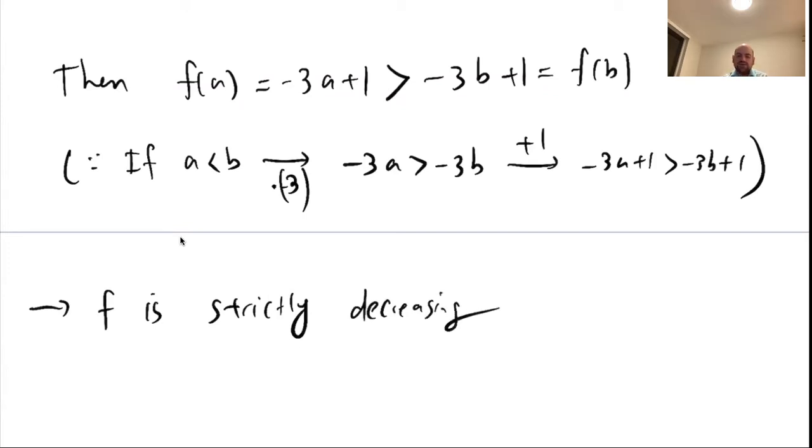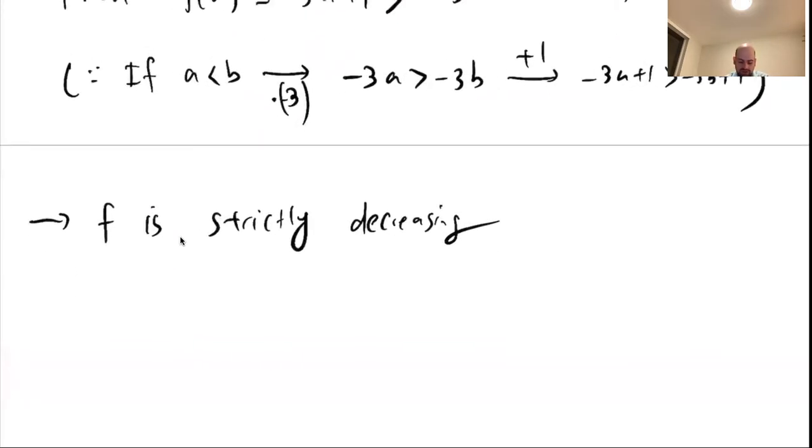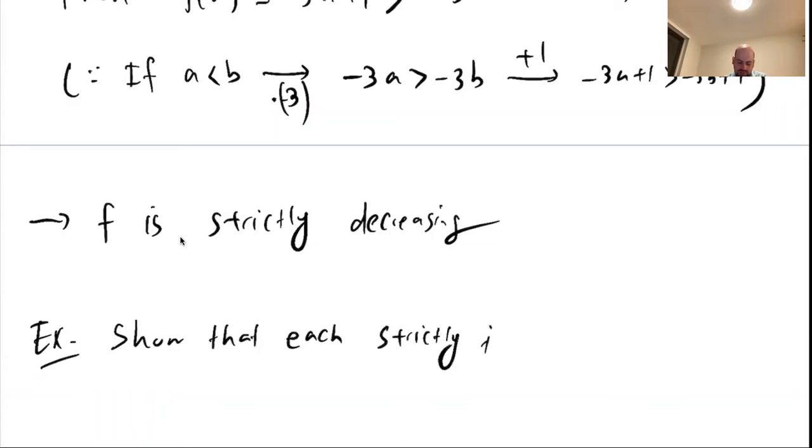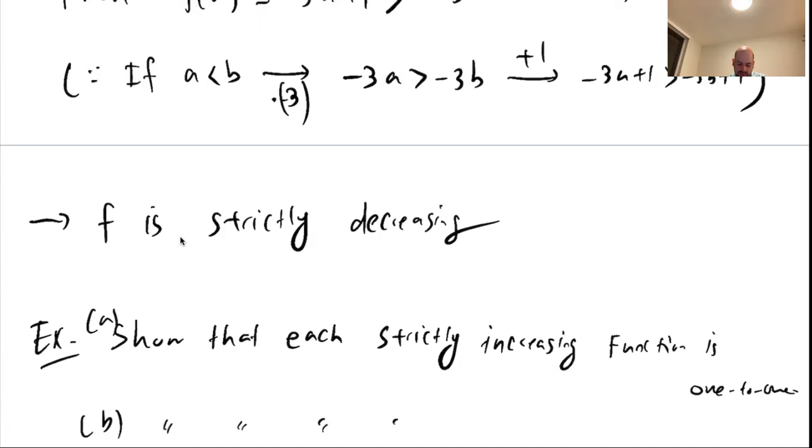So why did I say that this is related to one-to-one functions? The next example says, show that each strictly increasing function is one-to-one, and part B, show that each strictly decreasing function is one-to-one.